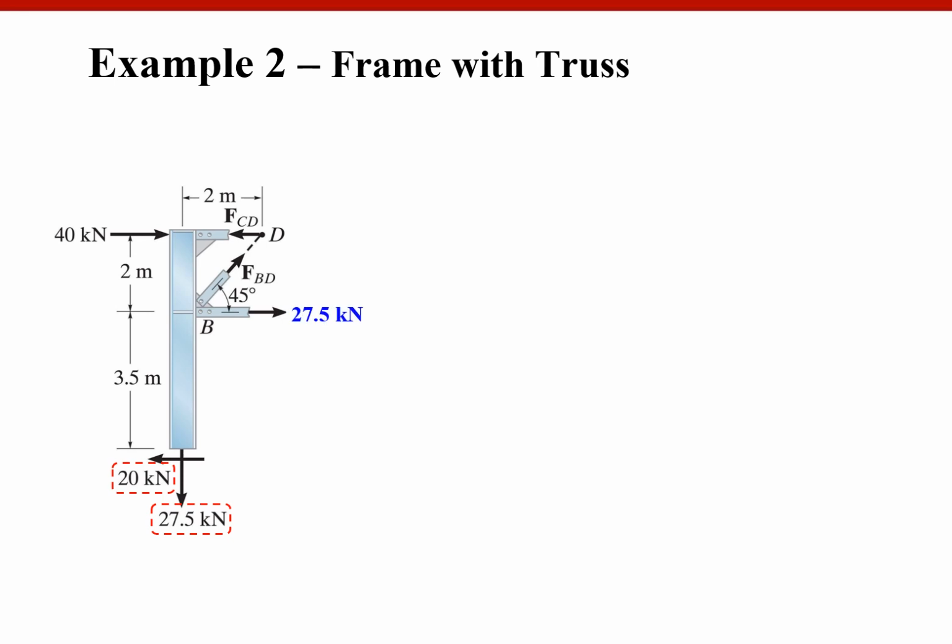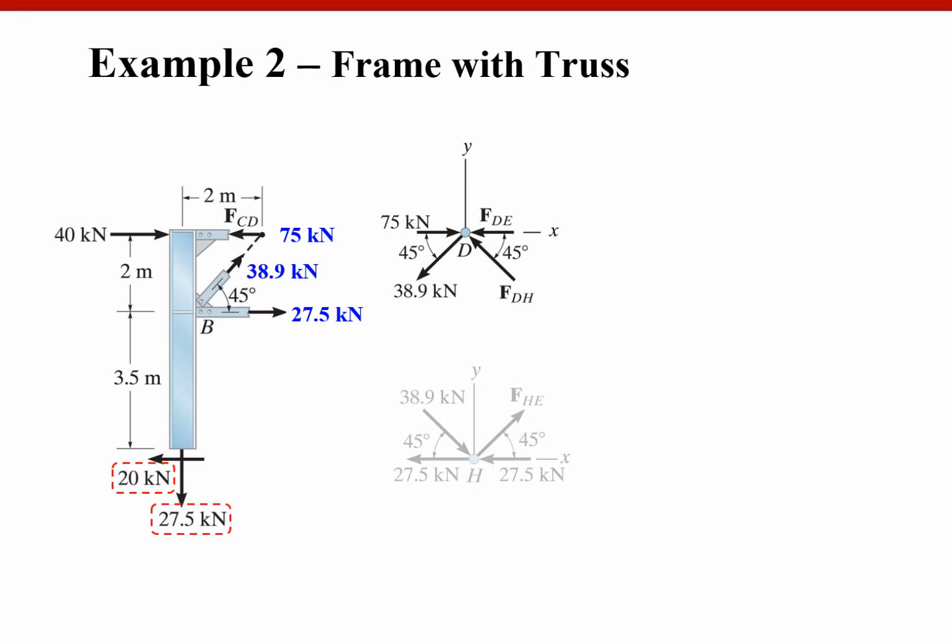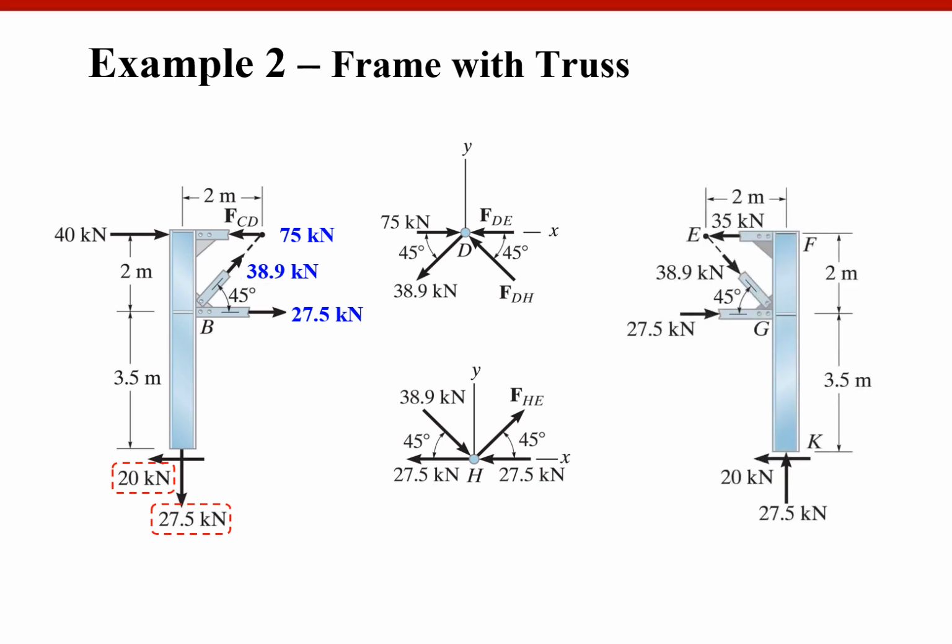Okay, as I found, those values are as such. And after finding out those 3 forces, you are going to move to joint D and then joint H using the method of joints, and then on the other column.